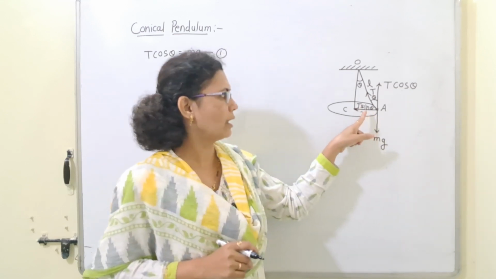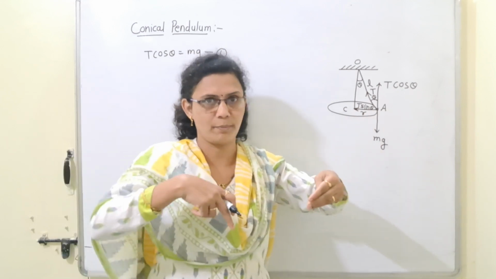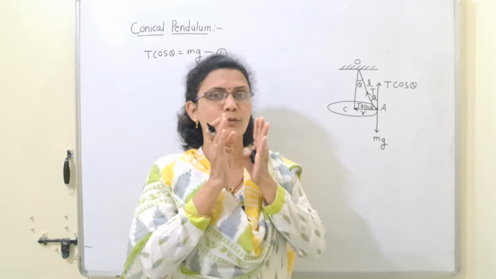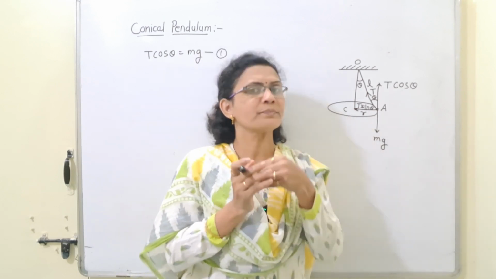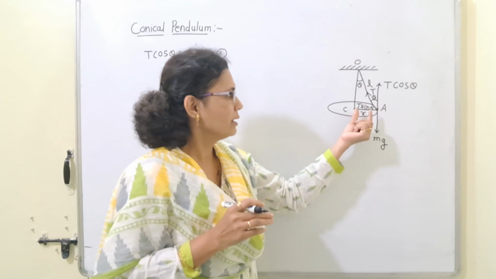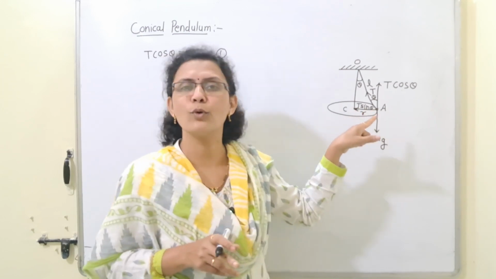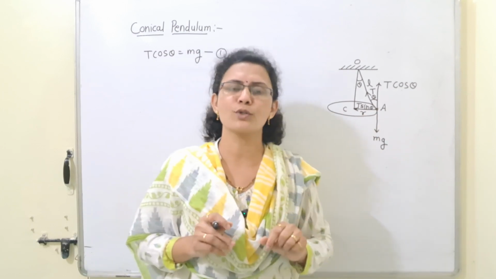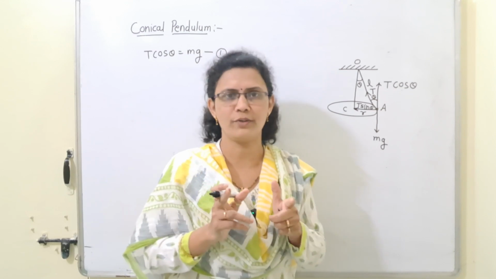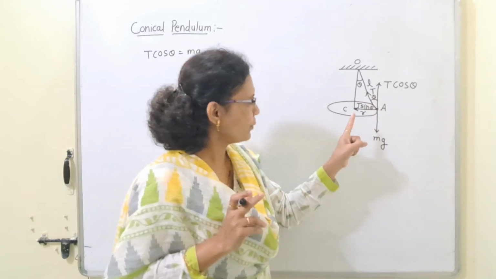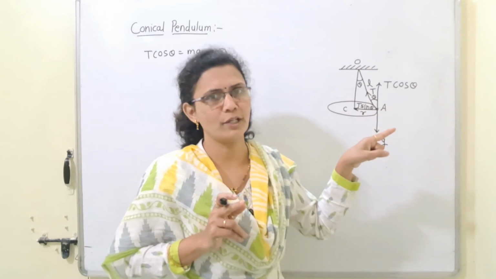We know that the force acting towards the center and along the radius of the path is the centripetal force, meaning this T sin theta is providing the centripetal force required for the horizontal circular motion of a conical pendulum. Therefore, I can equate this T sin theta to the centripetal force.